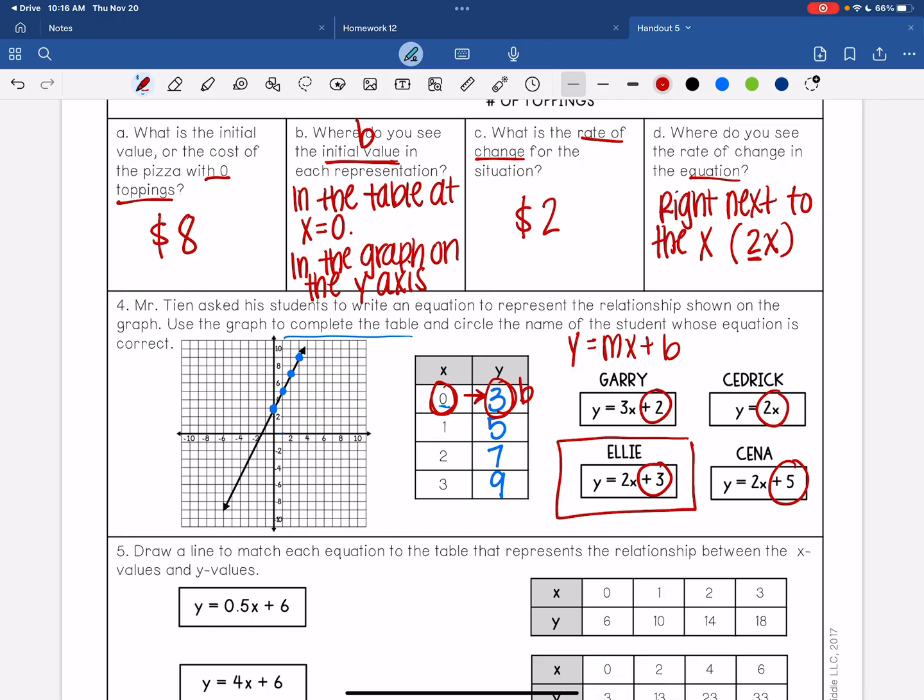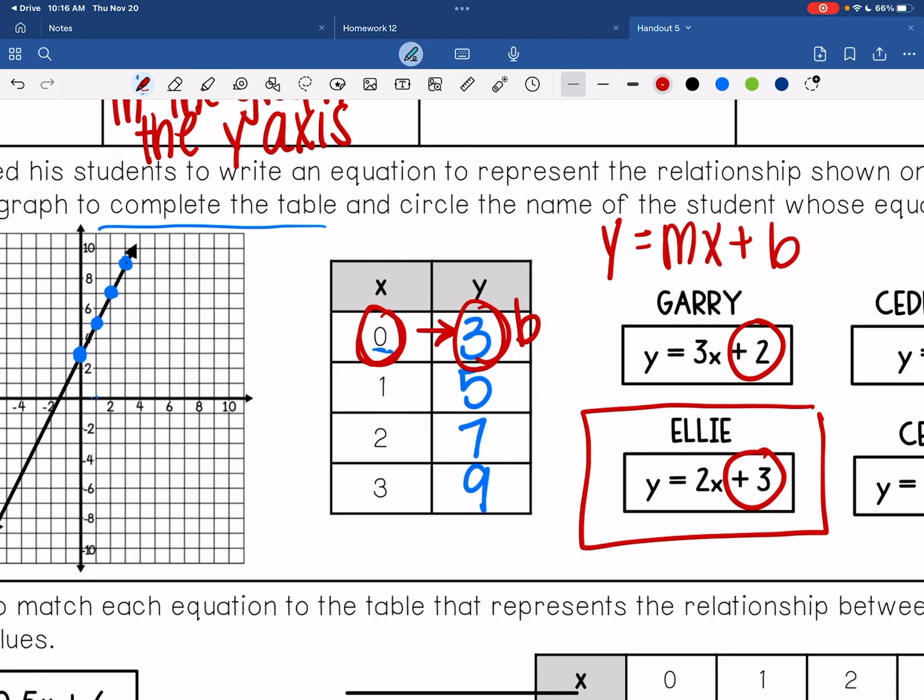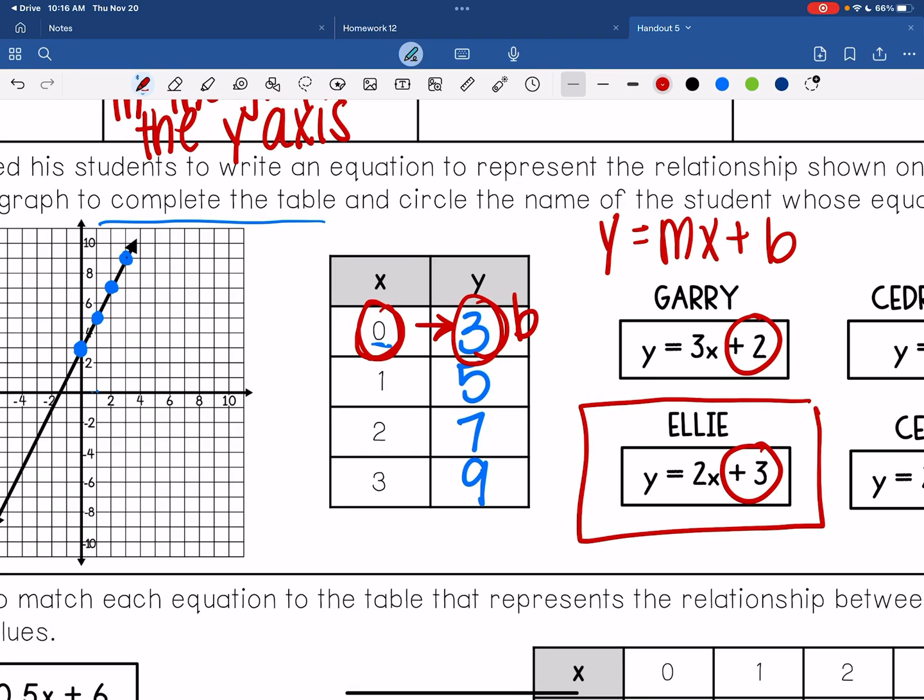That means Ellie has to be correct. Let's double check and make sure her m is correct. I do see that every time I go up an x value, I'm adding 2. So Ellie is correct. My rate of change is 2.